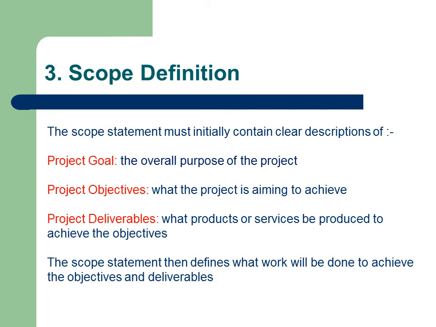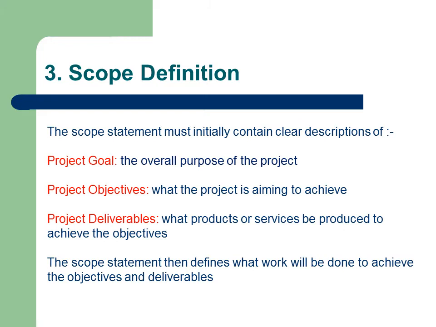The scope statement is also usually included in the PMP, but may also be in other documents such as the business case or documents associated with tendering or quotations. The scope statement defines the project goal, which is a high-level statement of project purpose, for example, to build a swimming pool in the backyard. It must also itemize the key objectives.